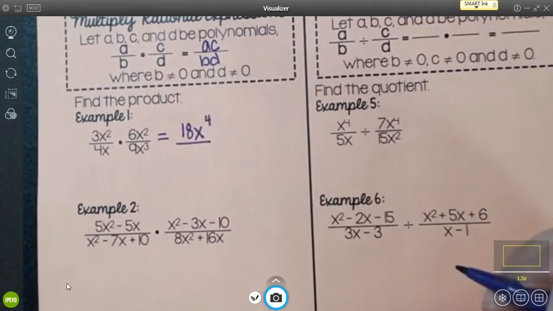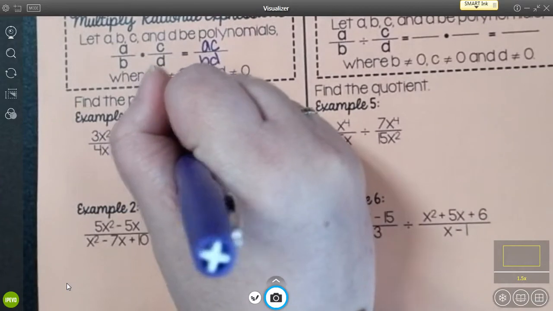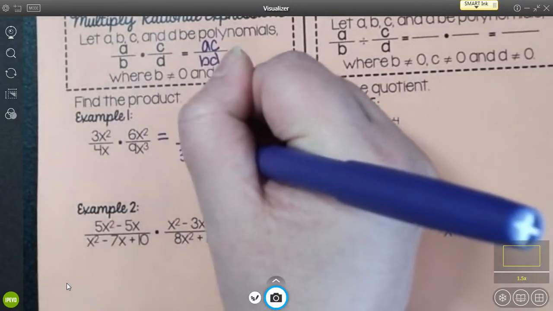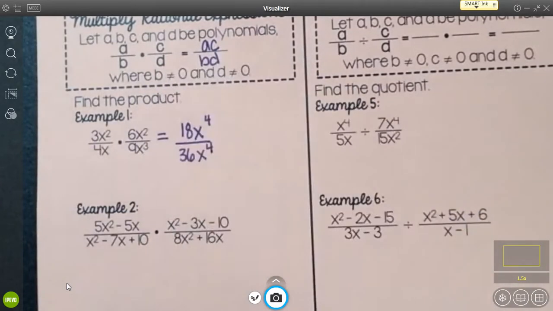Over 4x times 9x to the 3rd. 36x to the 4th. Okay, remember, when you multiply variables, you add your exponents. Okay?